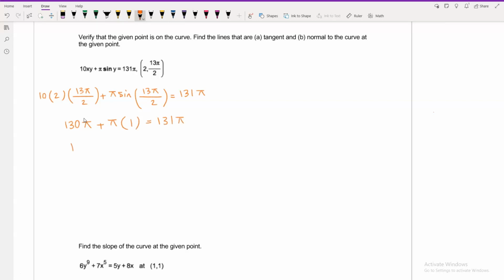So here we have 130 pi plus pi. So on the left side we have 131 pi, and on the right side we have 131 pi, and this is true. Since the equation is true, point 2 comma 13 pi divided by 2 is on the curve 10xy plus pi sine y equal to 131 pi.